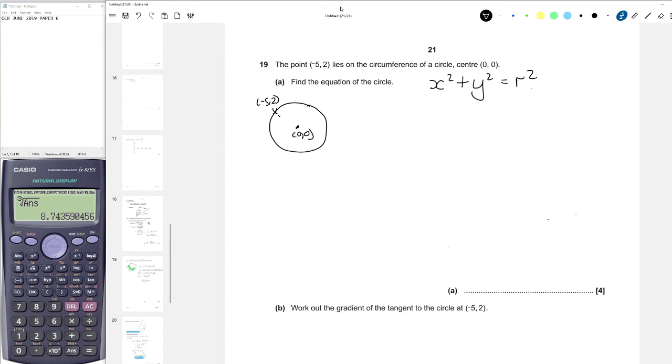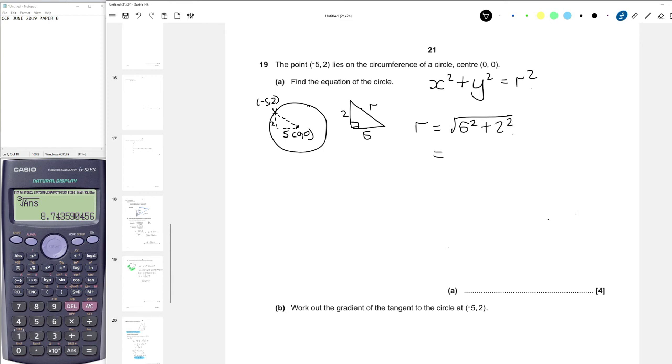So, I can work out the distance from here by using Pythagoras' theorem. I know that this is 5 across and 2 up. So I've got this triangle here. So I can work out the radius by doing Pythagoras' theorem. So r would equal the square root of 5 squared plus 2 squared.